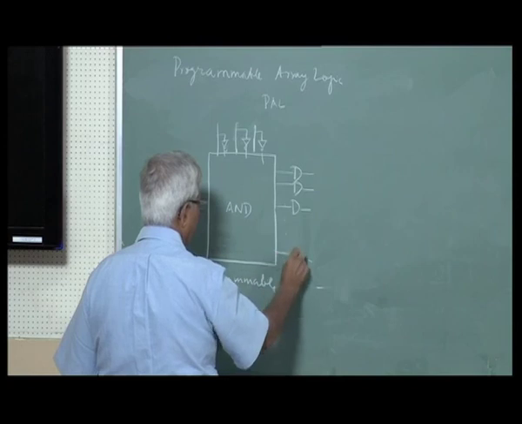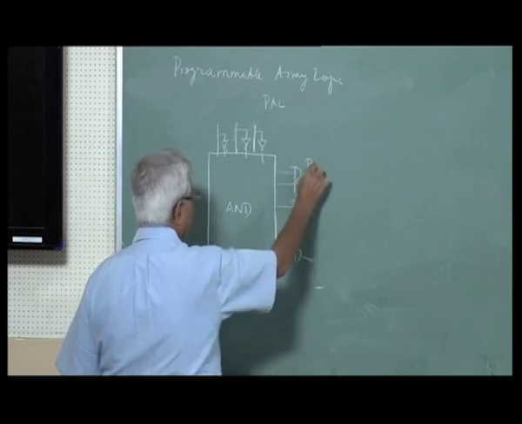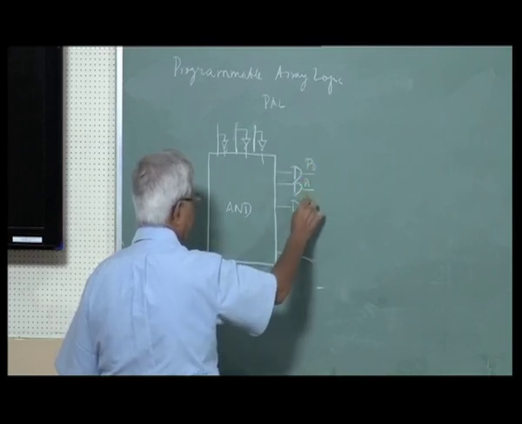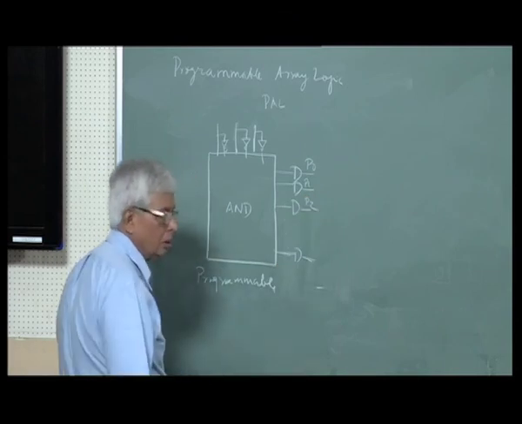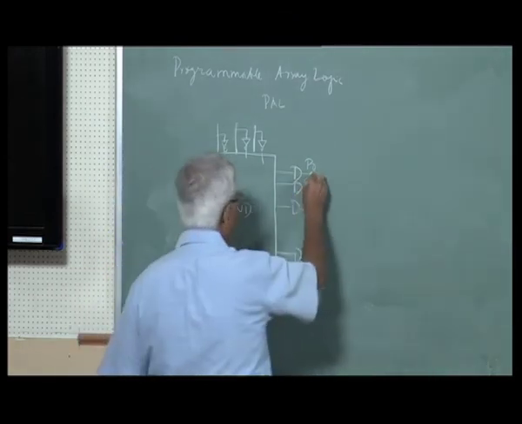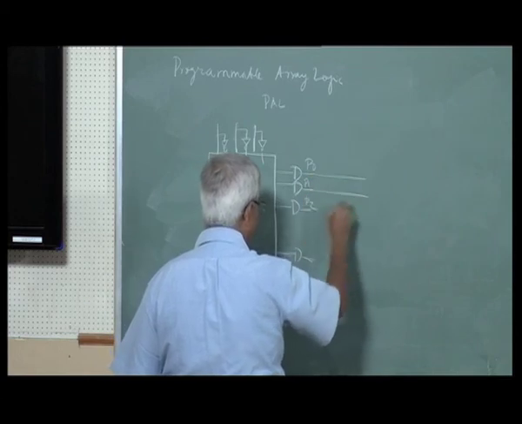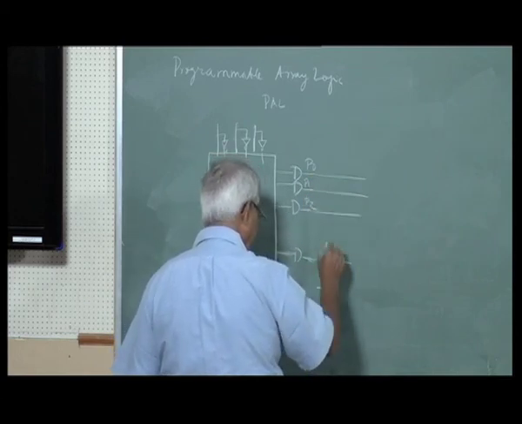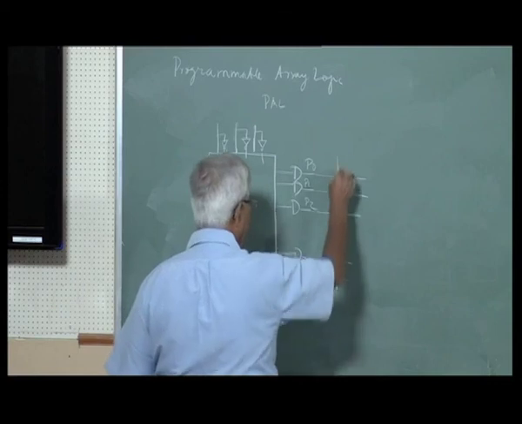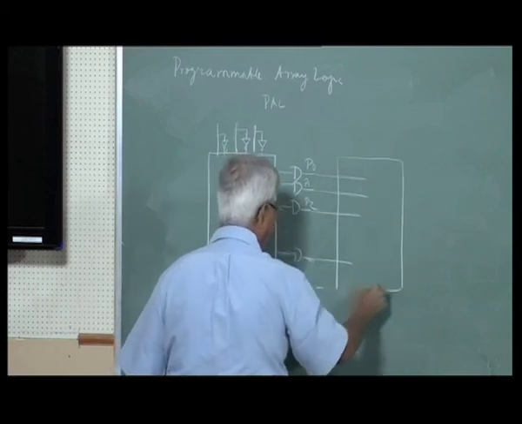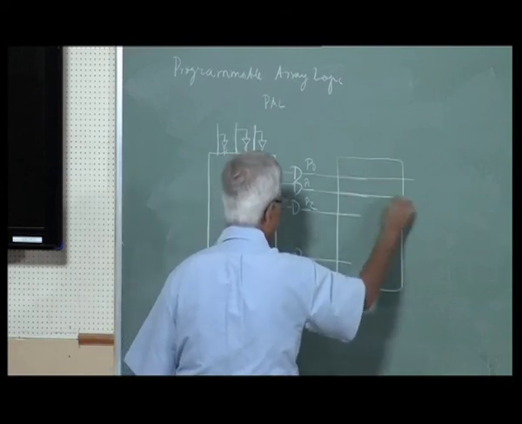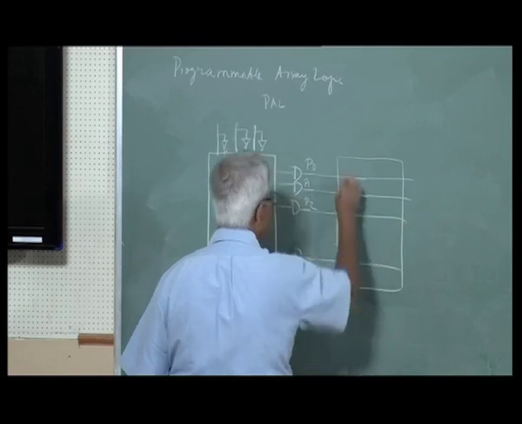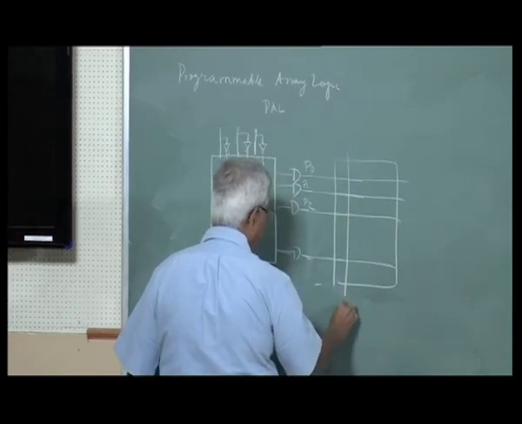So we will have product terms P0, P1, P2, etc. And then this goes to an OR gate array again as before, but the OR gate inputs are fixed now. So there are, let us say, two OR gates, two outputs, F1 and F2.